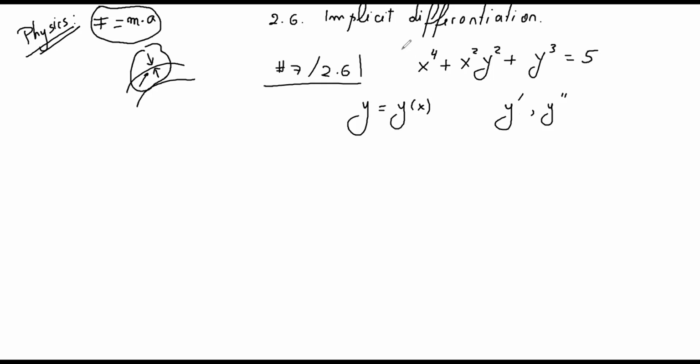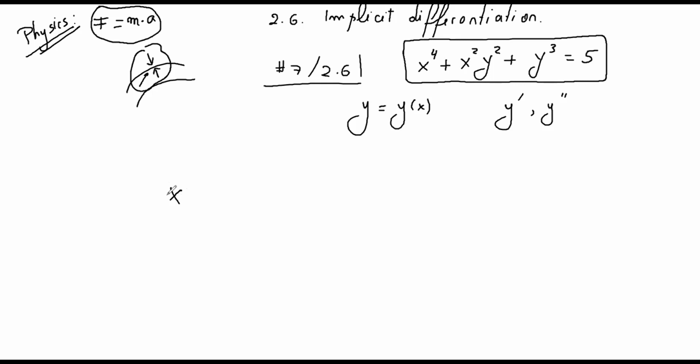If I don't know the formula for y in terms of x, how would I be able to calculate a derivative? I'm gonna start with this particular formula. I'm gonna show you how that works.